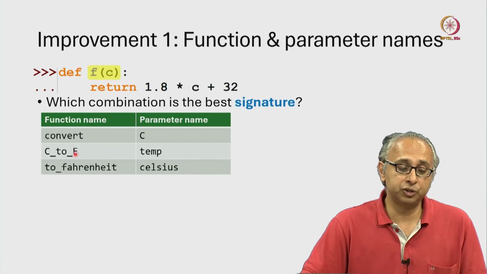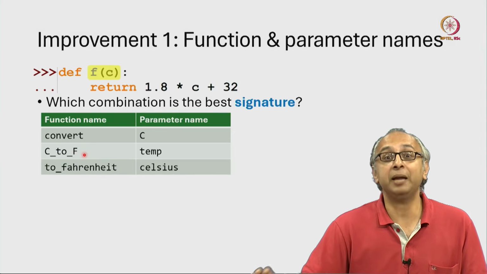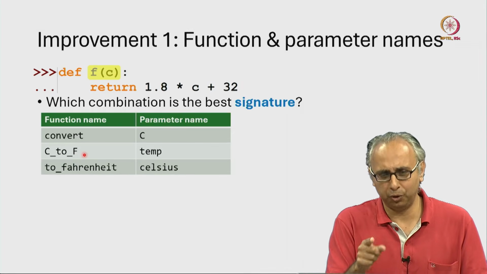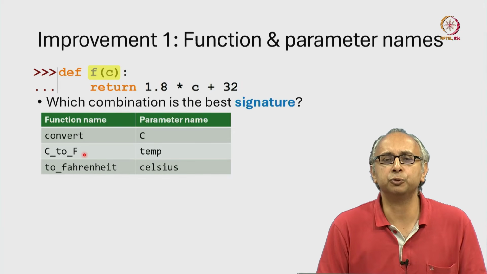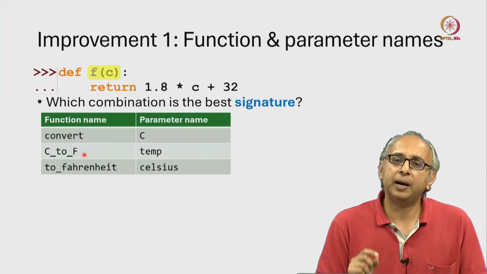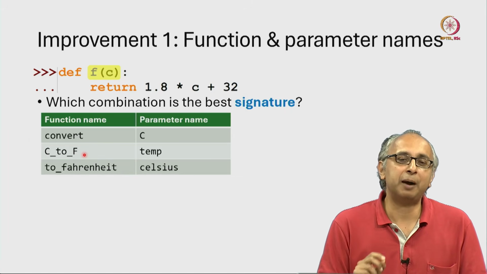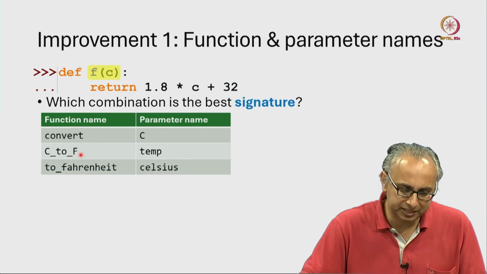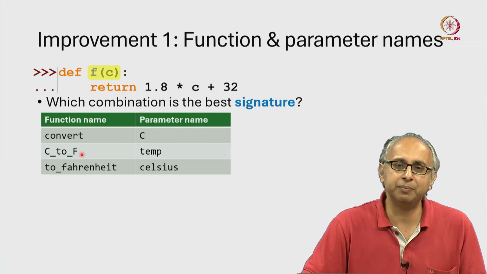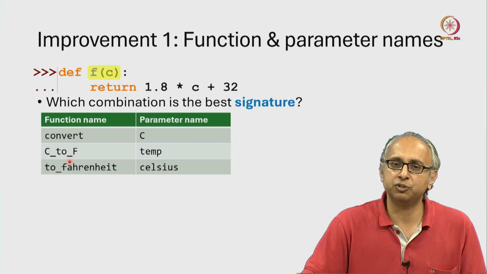We could call our function C to F. That might help someone reading it say, oh, this probably converts centigrade to Fahrenheit. Again, we usually avoid uppercase letters. So while this is definitely a better function name than just F, we generally try to avoid such names.